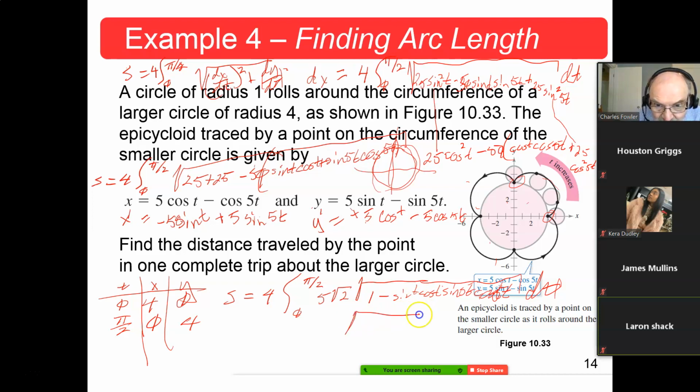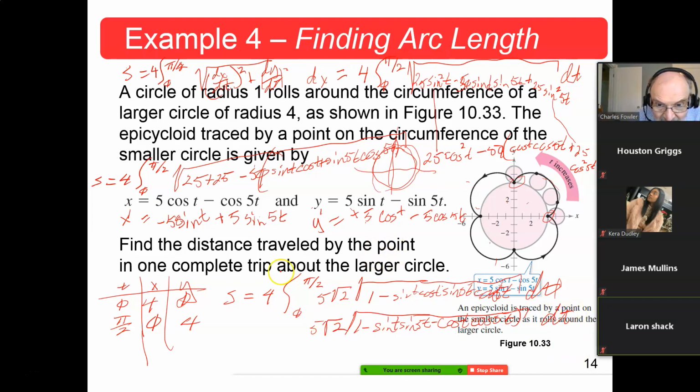So this is the square root of 1 minus sine t sine 5t minus cosine t cosine 5t. I think. Okay, with this 5 root 2 out front and the dt over here.